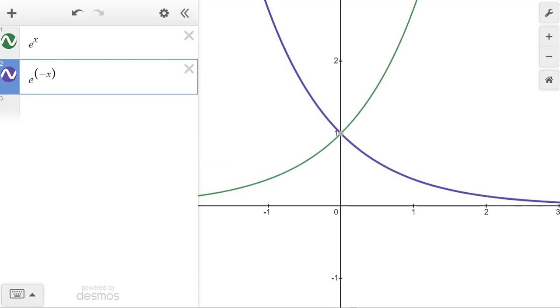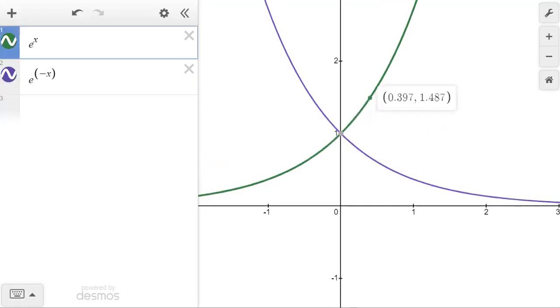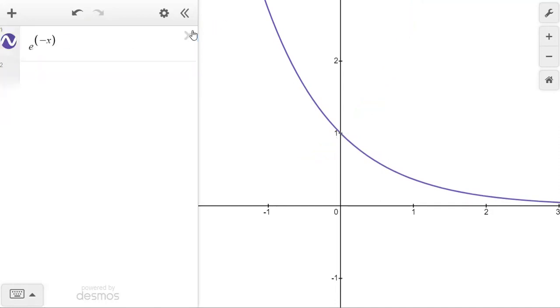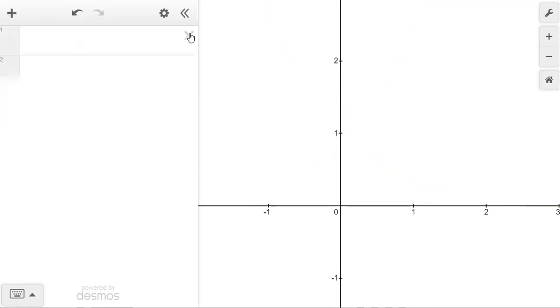For f of x, if you take a larger value of x, look at the output. The output is taking larger values, right? In the same way, let me show you the graph of log x.